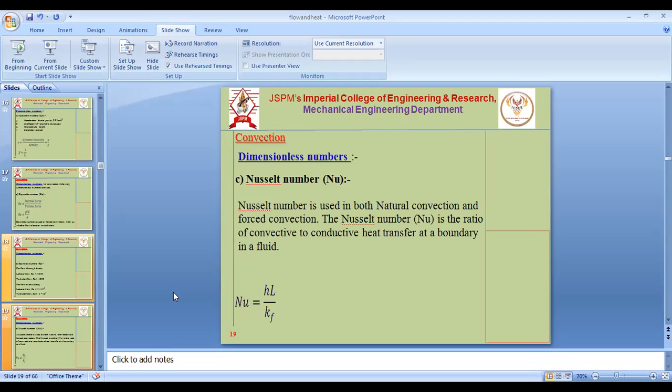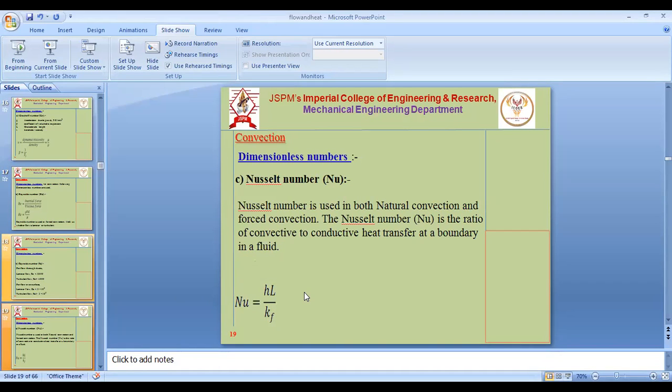The Reynolds number is generally used for fluid flow, but the Nusselt number is related to heat transfer. What is the formula for the Nusselt number? It is hL by k, where k is the thermal conductivity of the fluid, h is the convective heat transfer coefficient, and L is a characteristic length.